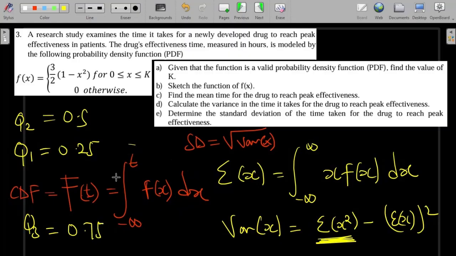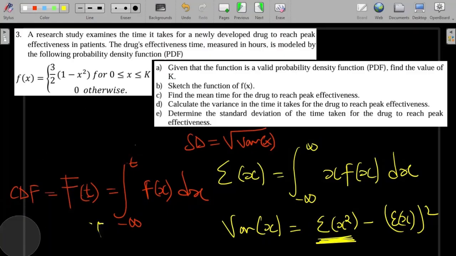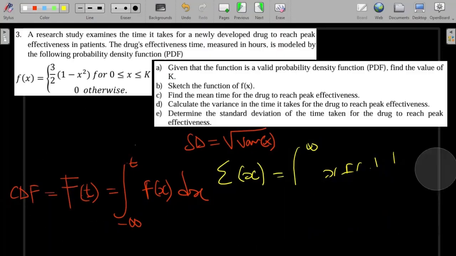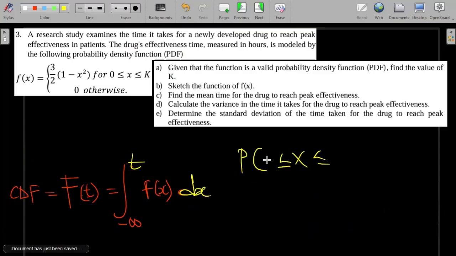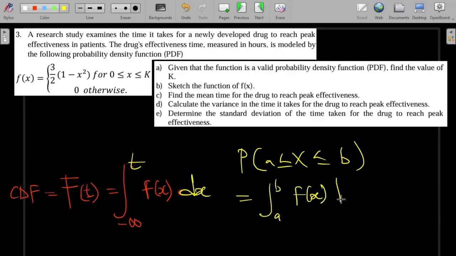The other thing is the formula for finding the probability. Let's say I'm finding the probability that X is between A and B. This is the same as the integral from A all the way up to B of f of x dx.